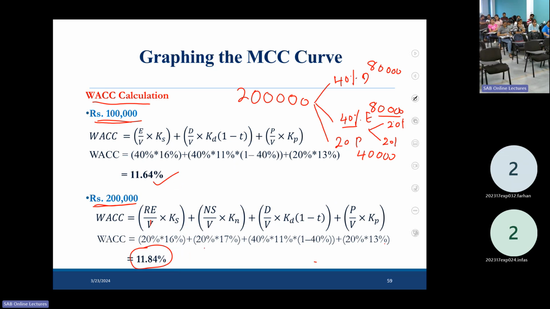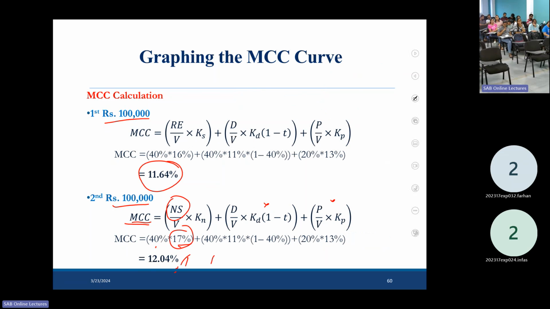So this is how you finance the total 200,000. When your total capital requirement is 200,000, 40,000 is coming from retained earnings, 40,000 coming from new stock issue. So this is the weighted average cost of capital of the total capital financed. So this is related to the additional fund raising. If you are increasing the additional funds, this is the MCC.